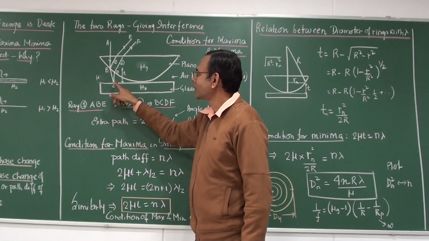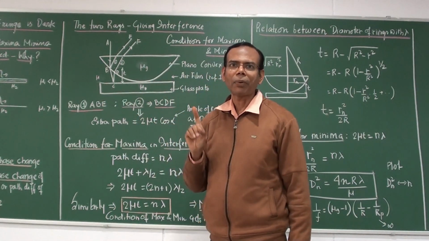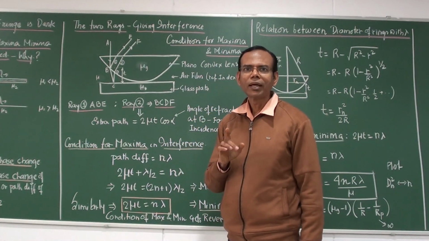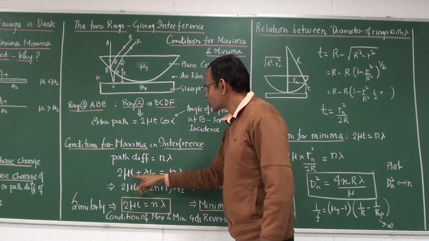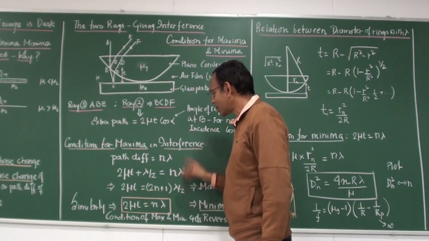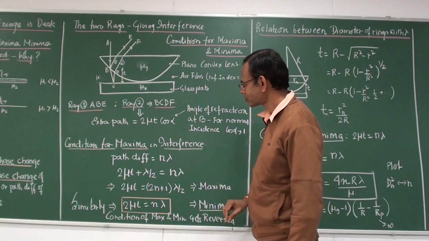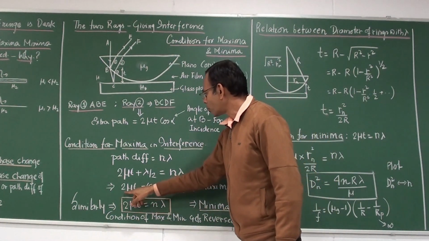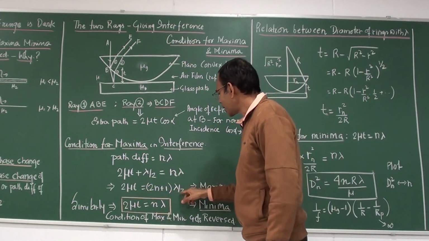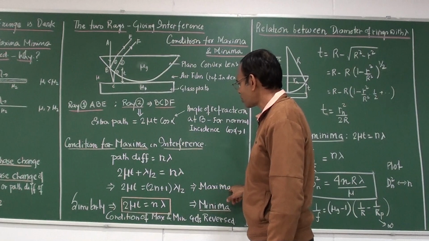Because of that, it undergoes a phase change of pi. And phase change of pi means path difference of lambda by 2. So 2 mu t plus lambda by 2 is equal to n lambda. So one can write 2 mu t is (2n plus 1 or minus 1) lambda by 2. So this is the condition of maxima.